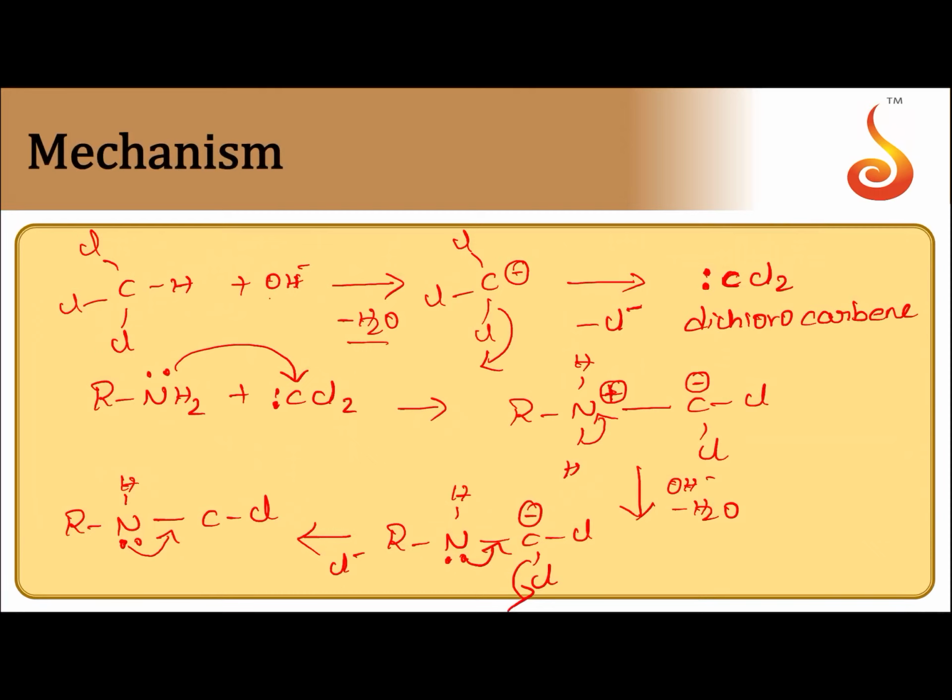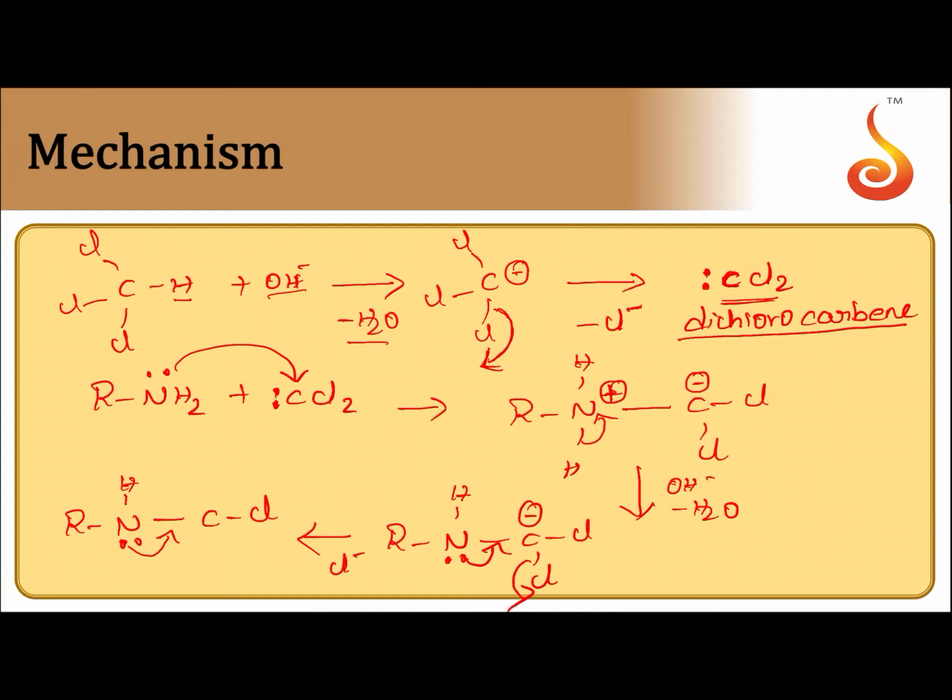Again I am repeating: chloroform undergoes alpha elimination. The OH minus ion will abstract a proton, followed by elimination of Cl minus, forming dichlorocarbene as an intermediate. This dichlorocarbene is an electrophile and will now react with RNH2.